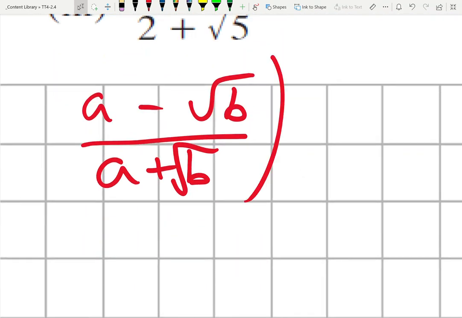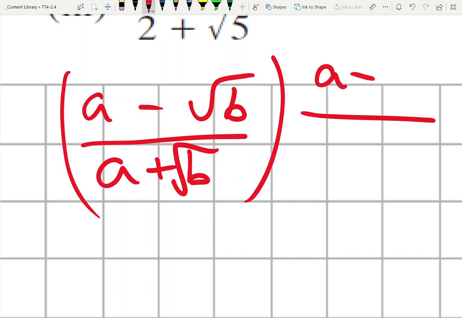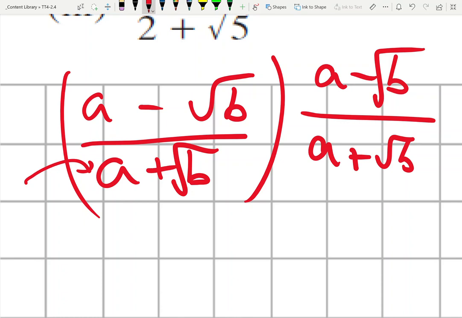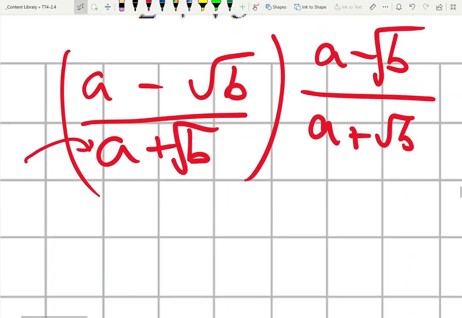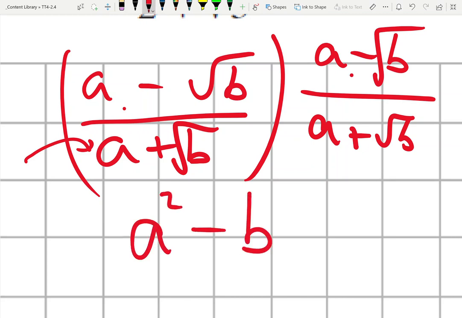So it's a squared minus b over a squared plus b. It's 4 minus 5 over 4 plus 5. It's 9. And I think that deserves a quick look in the calculator for ourselves. 2 now minus root 5.